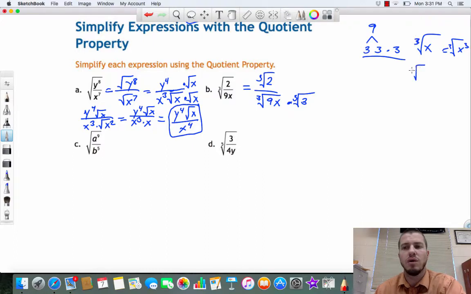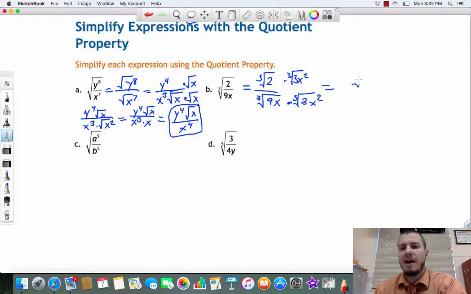So I need this to be multiplied with the cube root of x squared, because what I do with the exponents here is I add them. So this is going to be 1 plus 2 is 3. So I'm multiplying this by the cube root of 3 x squared.